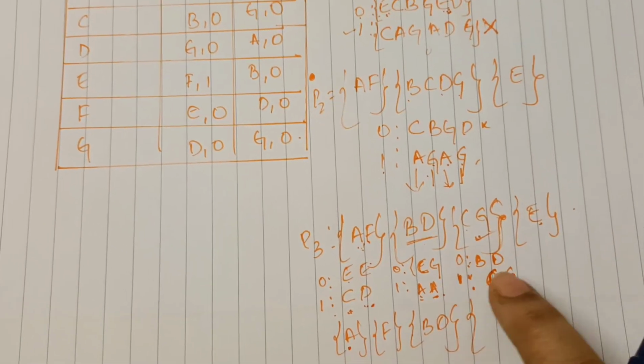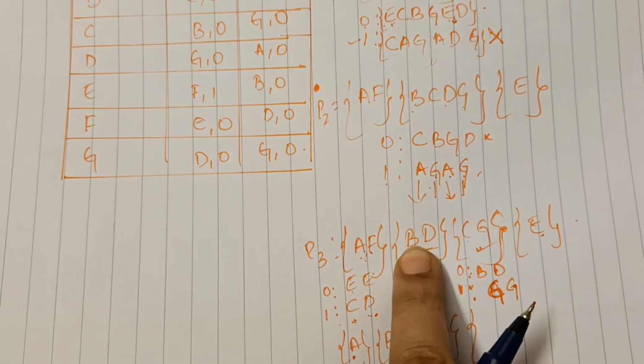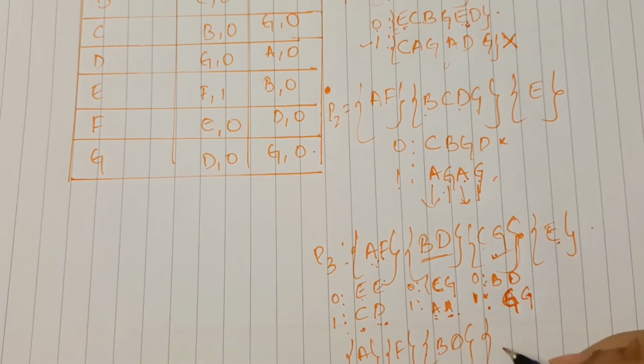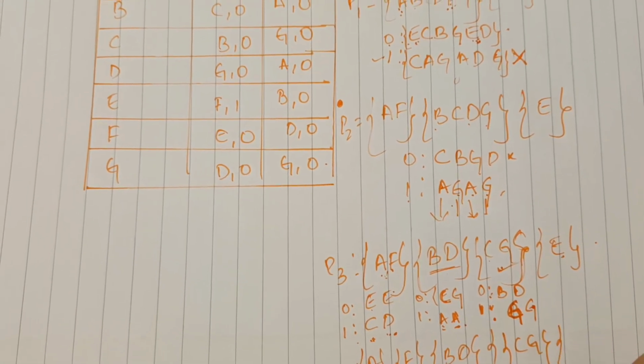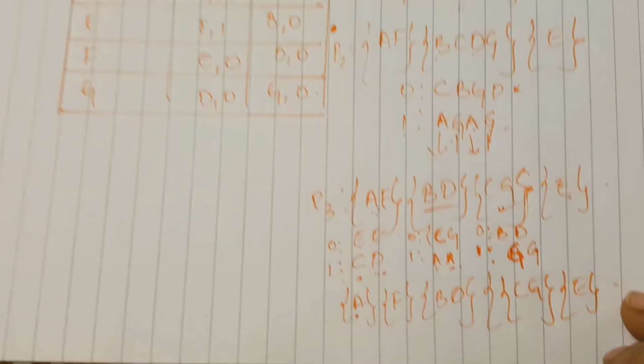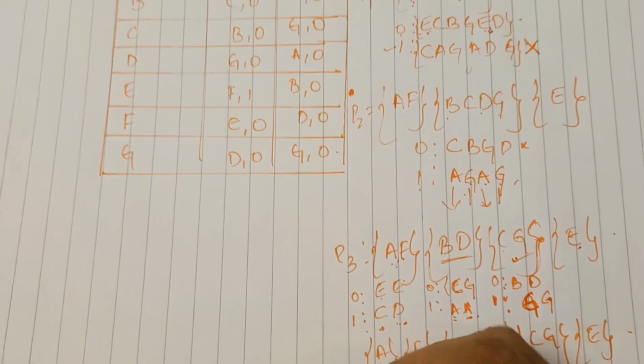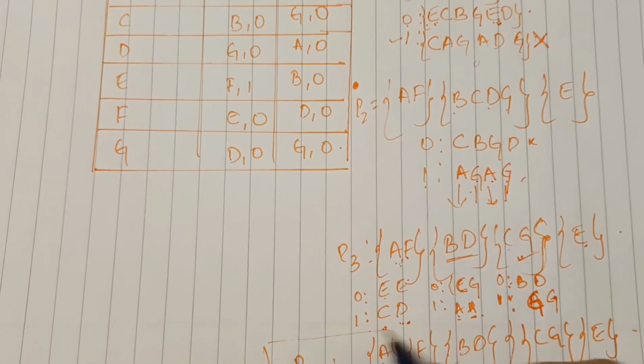This is already in one block, and BD are already also in one block. So nothing to change again. So this is C, G, and E is as it is. This is the final partition, P4.